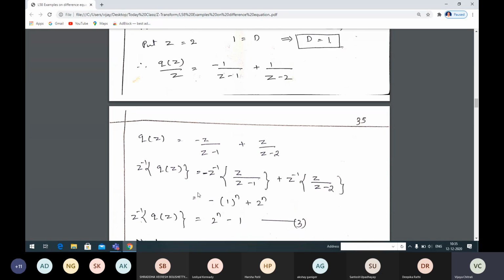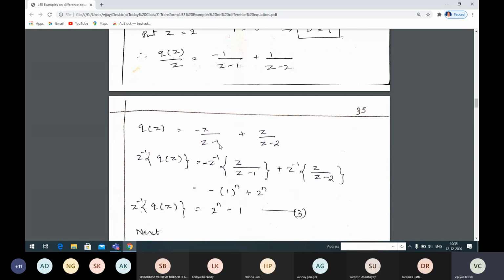So q of z is equal to minus z divided by z minus 1 plus z divided by z minus 2, and take z inverse on both sides because we need z inverse of q of z. So z inverse of q of z is equal to minus z inverse of z divided by z minus 1 plus z inverse of z divided by z minus 2.